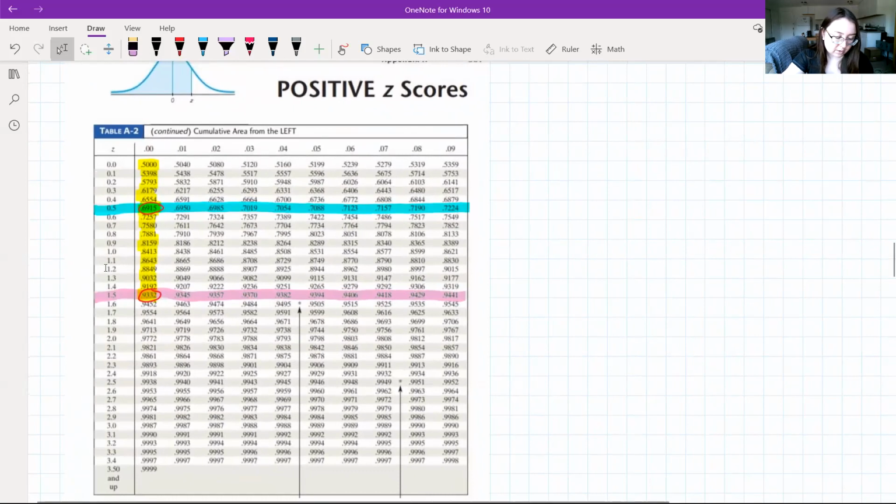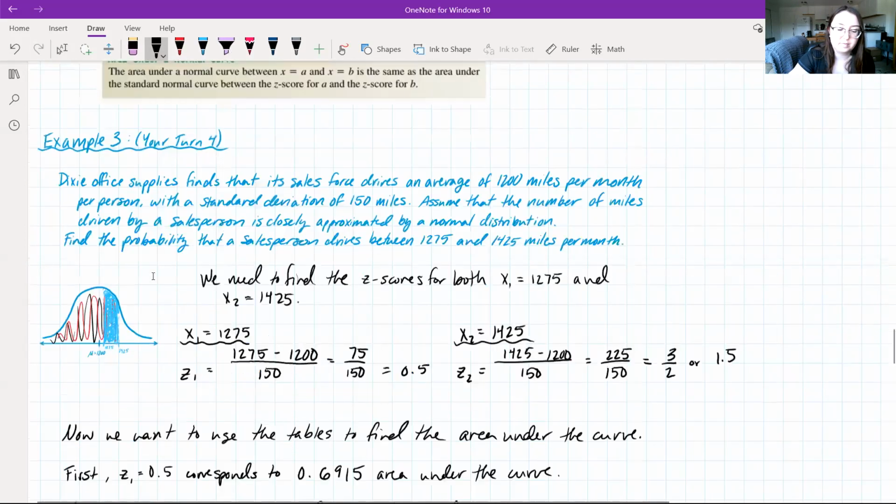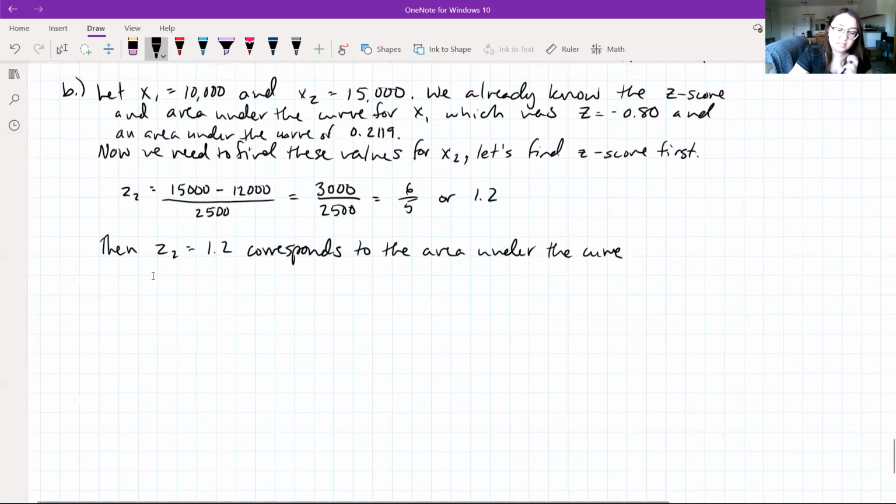And we're going to go down to 1.2, and then we're going to find 0.0. So this corresponds to 1.20, this value right here, which is 0.8849. So we say here, area under the curve of 0.8849.